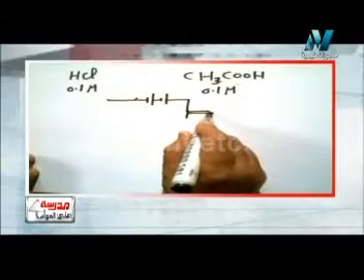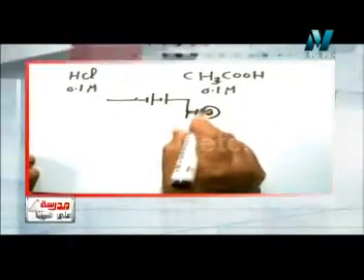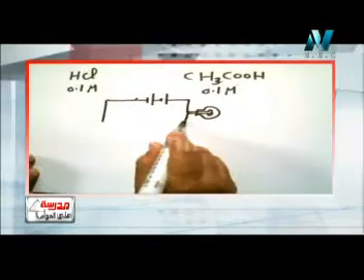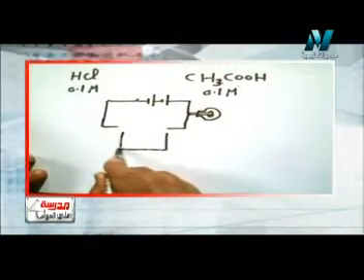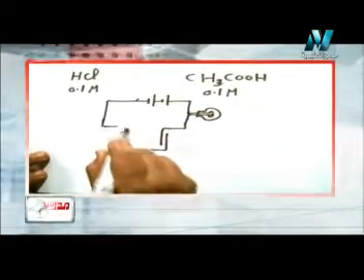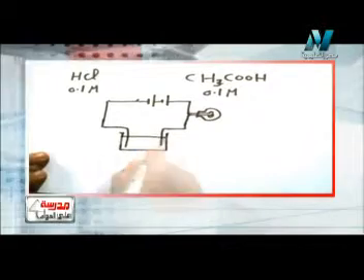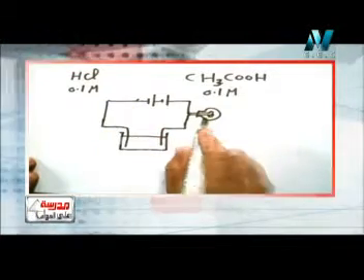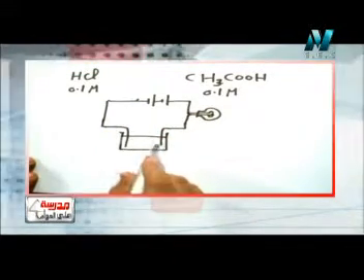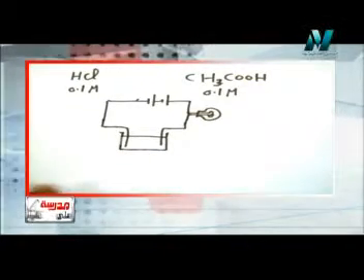Actually, we want to set up an electric circuit containing a battery, a switch K, a lamp, and two inert electrodes, maybe carbon or platinum. The solution will be placed here, and the electrodes are inert so that they have no effect on the solution.